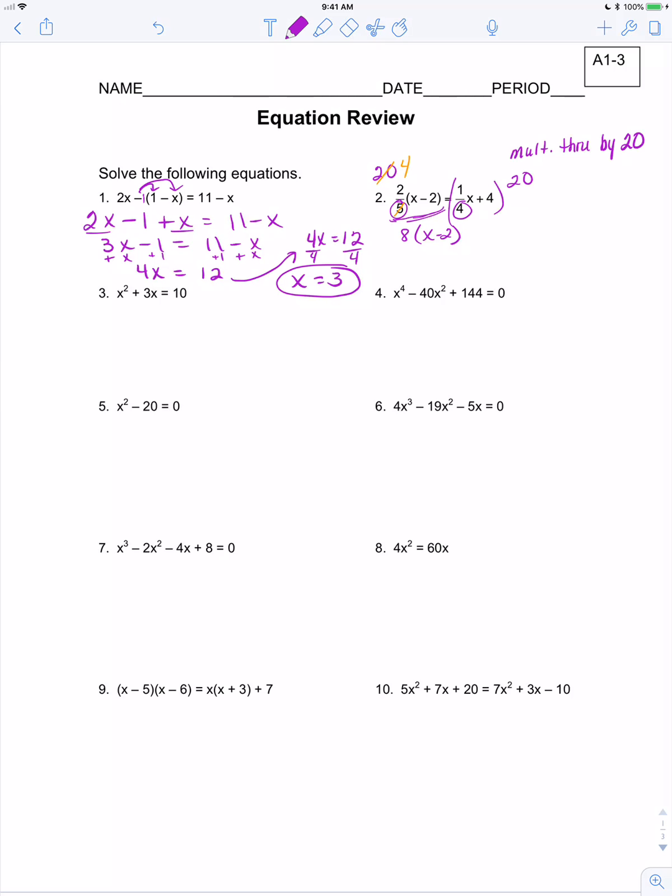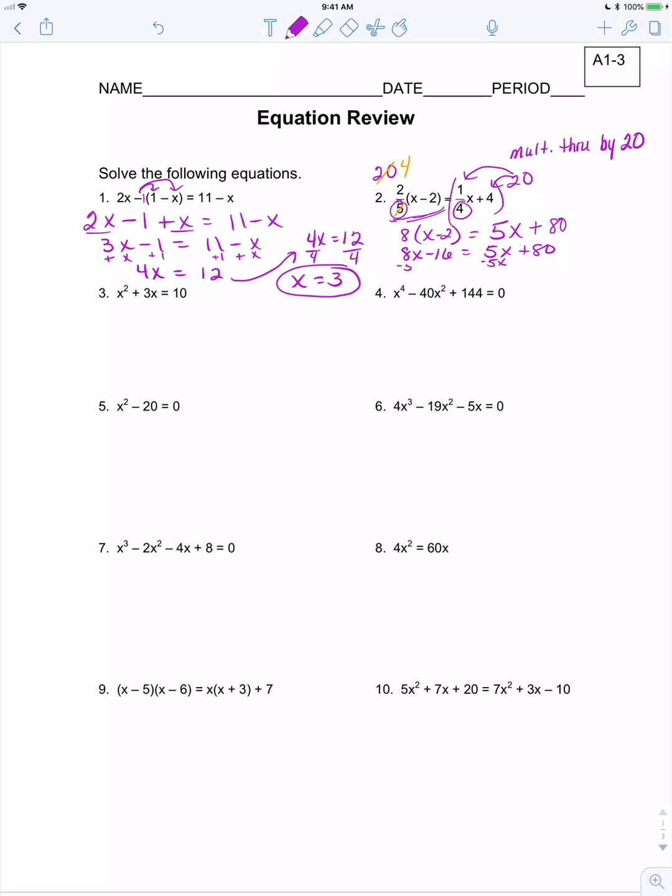Now here, these two terms are not multiplied together, so we're actually going to multiply this 20 by each one of these terms. So the 4 in the 20 reduces to a 5, leaving us with 5x. And then 20 times 4 is 80. So we're going to go ahead and multiply through this 8. That leaves me with 8x minus 16 is equal to 5x plus 80.